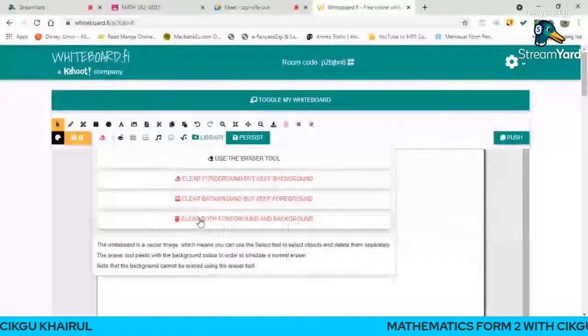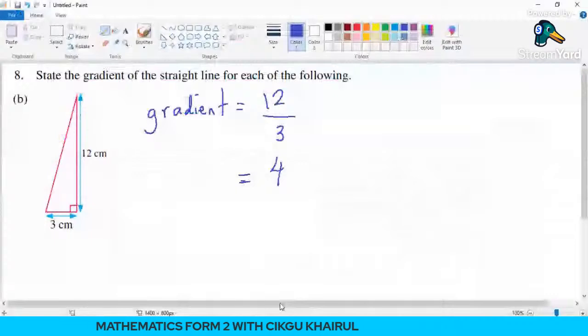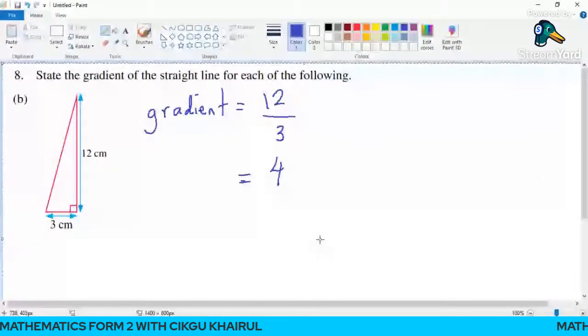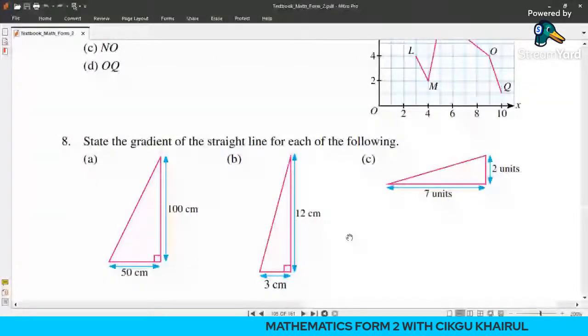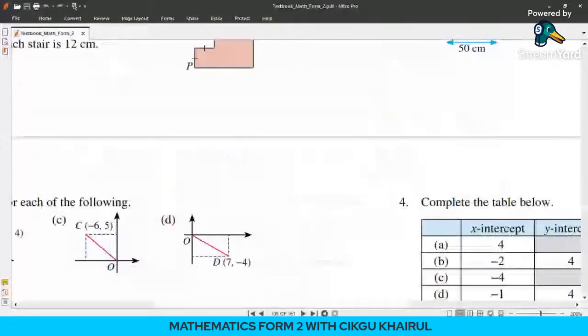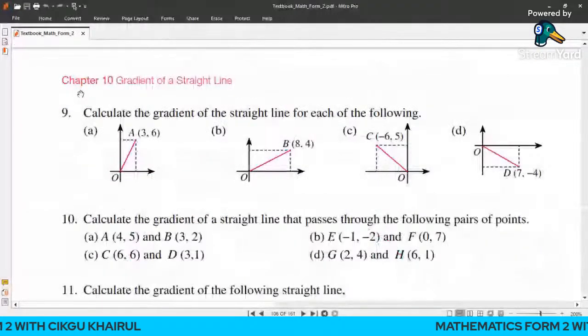Okay, so we go back to the question. Let me open this one. So I use my pen again, because pen is faster compared to whiteboard. Okay, next we go to question number 9. This is easy. So let me copy the question first.